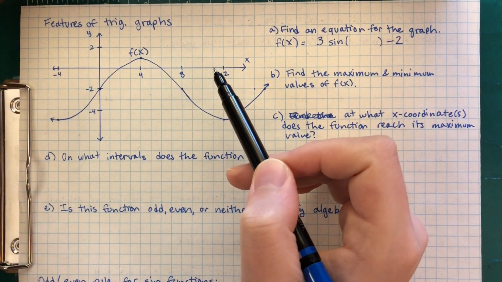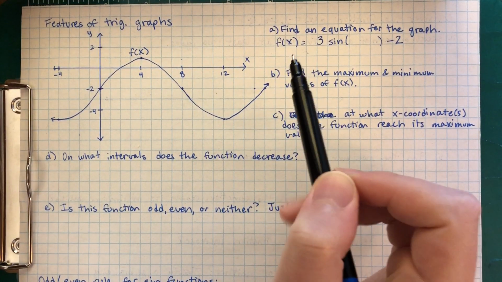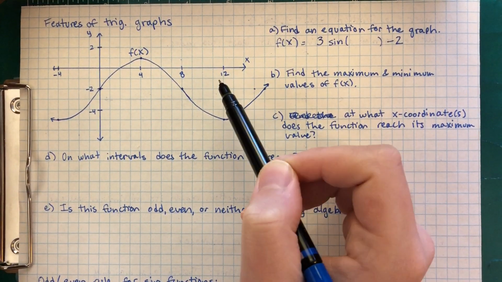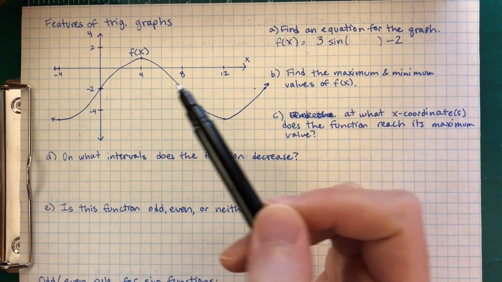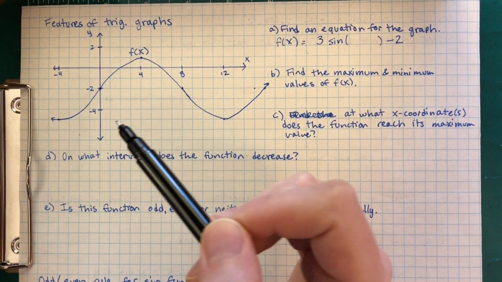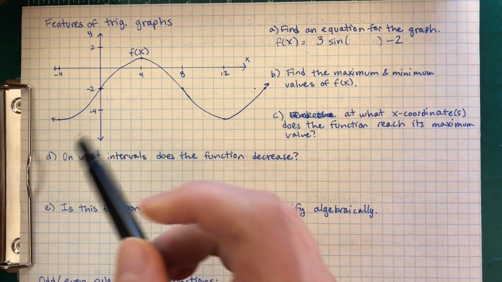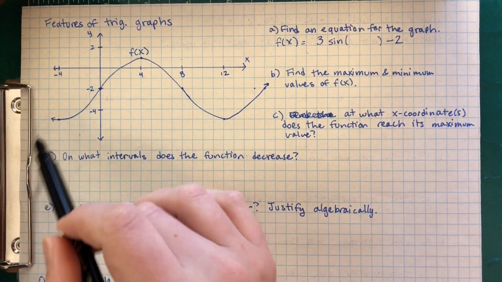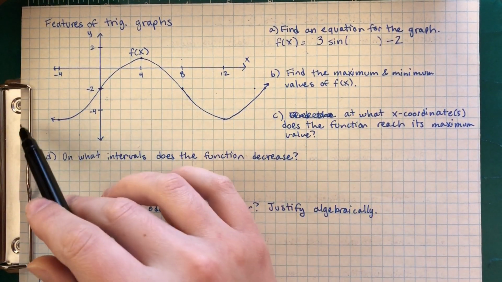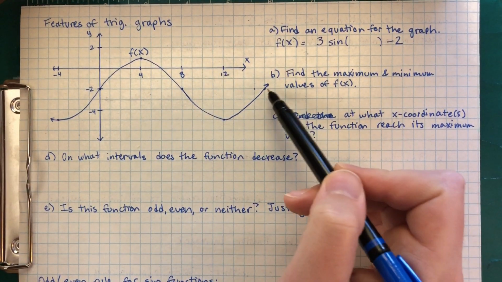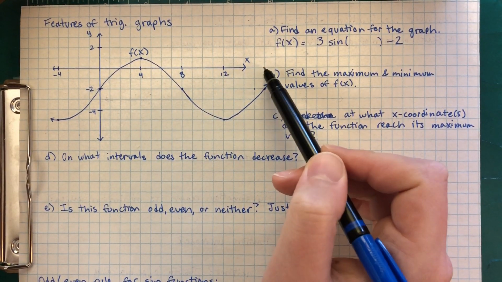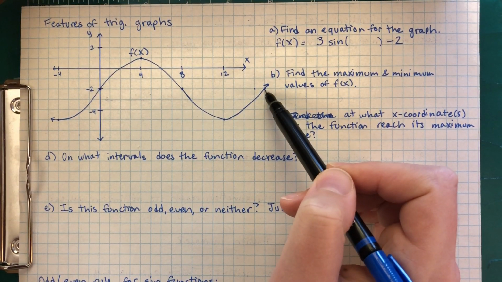And then the most annoying thing about this is the period calculation, and that's because it takes a little bit more work. But I'm going to look for one cycle of this graph and try to figure out how wide that cycle is. The way that this is drawn, if I start here at 0, the cycle finishes all the way over here, which I could count ahead and figure out as 16.